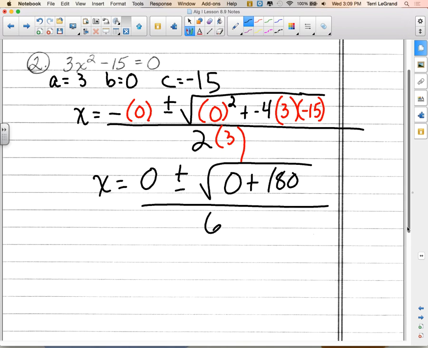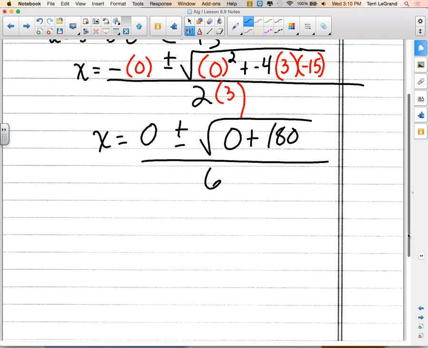When we took the opposite of 0, we got 0. How significant is it? Can we just ditch it, disregard it? In other words, if we read this backwards, the square root of whatever plus 0, would that change the square root of whatever? No. If we change this to add the opposite of 0, what's the opposite of 0? So we'd still be adding 0. So is that 0 up front going to matter at all? No. So let's ditch it.